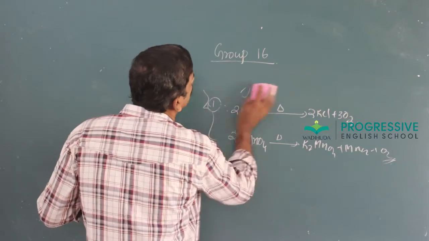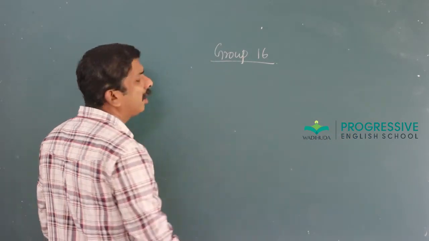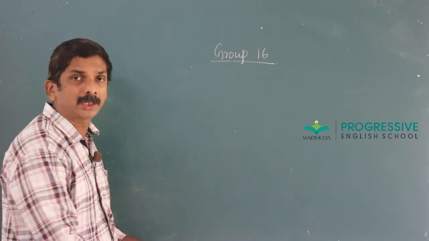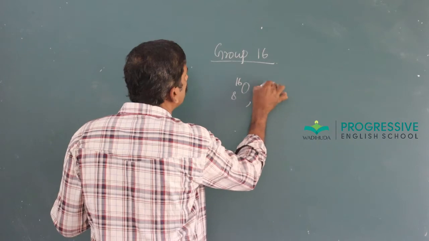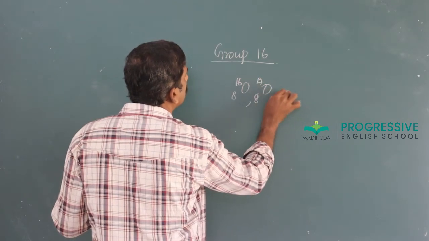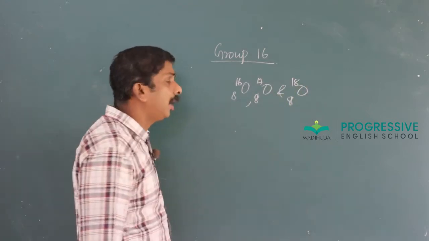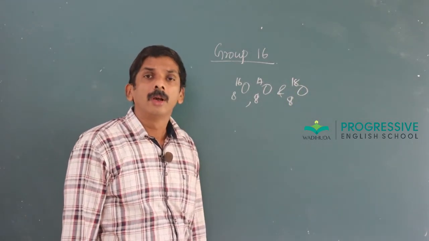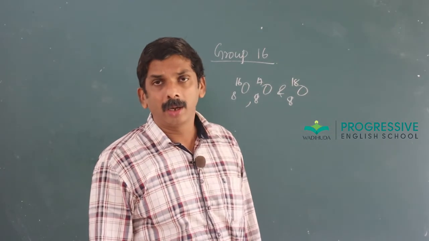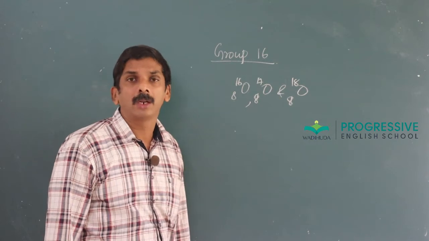Then oxygen is a colorless, odorless, tasteless gas. It exists in three isotopic forms. It can react with metals, non-metals, or even certain compounds.